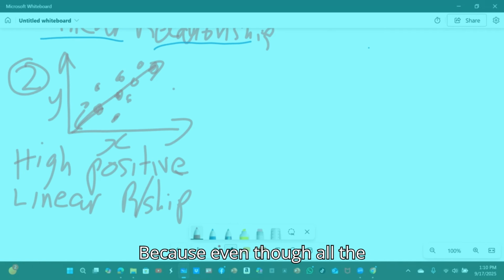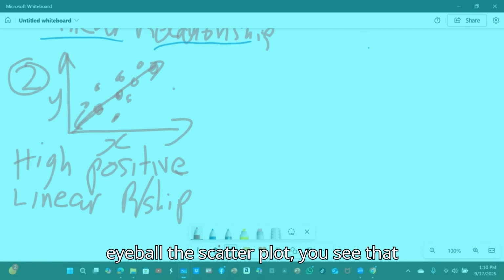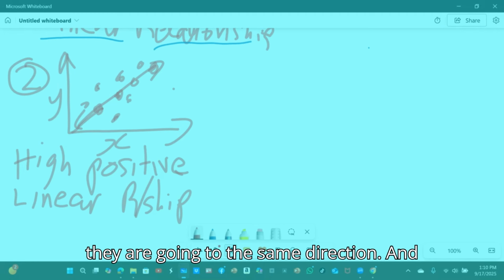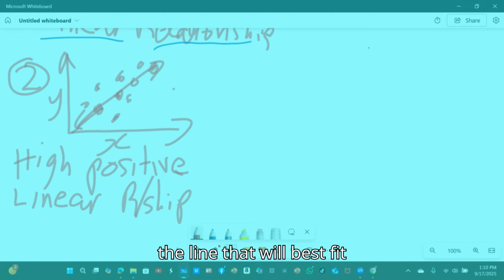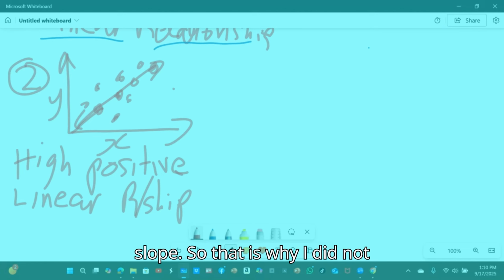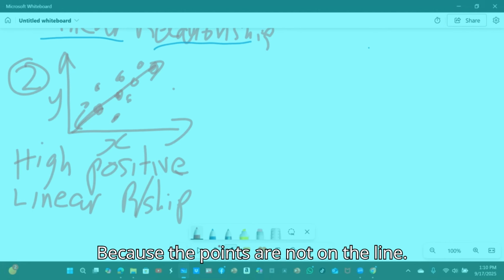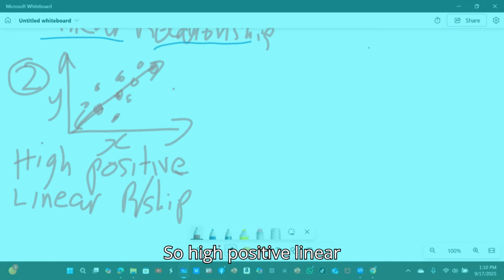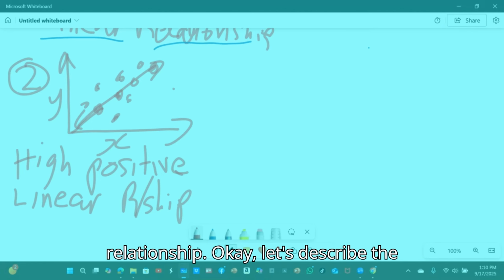Why? Because even though all the points are not on the line, if you eyeball the scatter plot, you see that they are going in the same direction. And the line that will best fit the scatter plot will have a positive slope. That is why I did not say perfect. I said high positive linear relationship, because the points are not on the line.